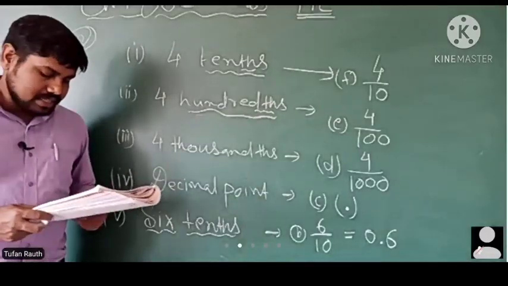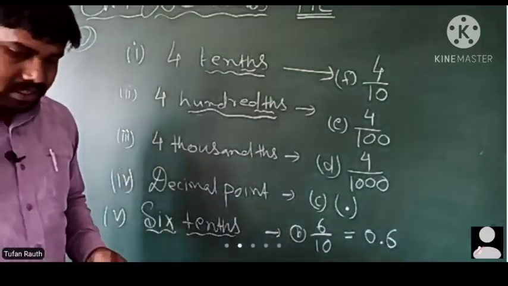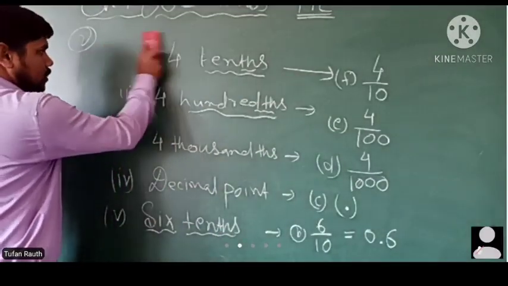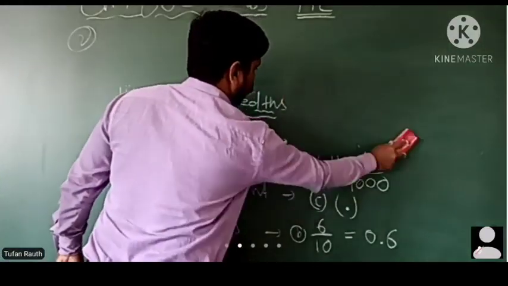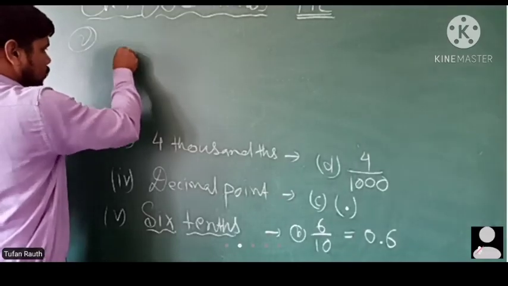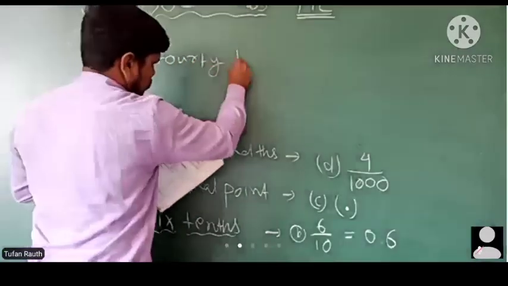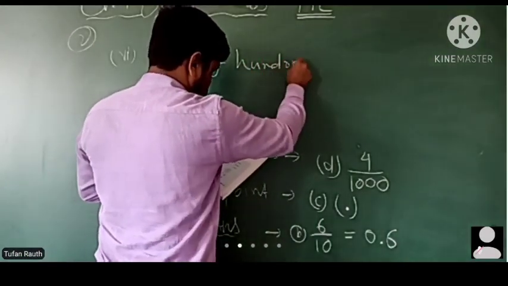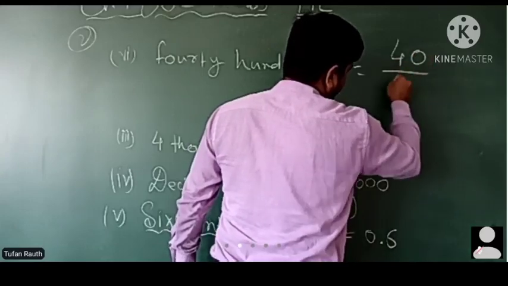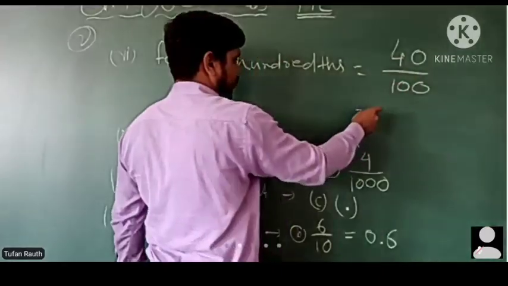In the same way, 40 hundredths. 40 hundredths means 40 divided by 100, but as there is no option for 40 divided by 100, you can convert this into decimal.